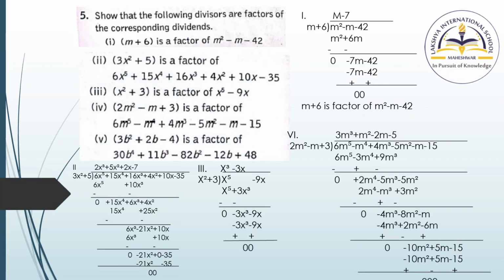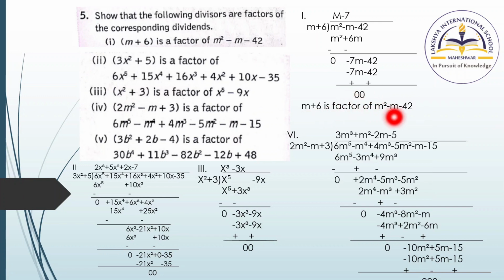Now here question number 5, show that the following divisors are factors of the corresponding dividends. Part C, m plus 6, factor of m square minus m minus 42. Now what you have to do? Again you have to divide m square minus m minus 42 by m plus 6 and solve them, and whatever the answer is, you check whether the remainder is 0 or not.